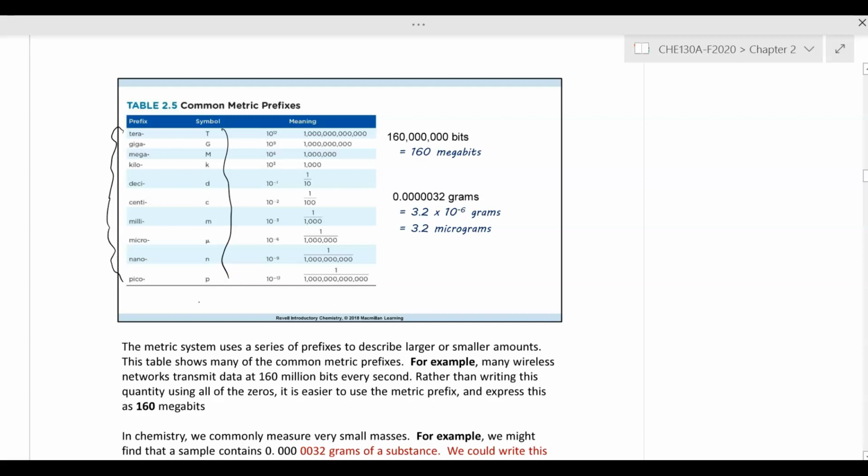So for example, 1 megawatt, okay, watt is a unit of power, that's going to be 1 million, 1 times 10 to the 6th watts. And so that'd be 1 followed by 6 zeros. And that'd be a capital W, I think, for that unit.